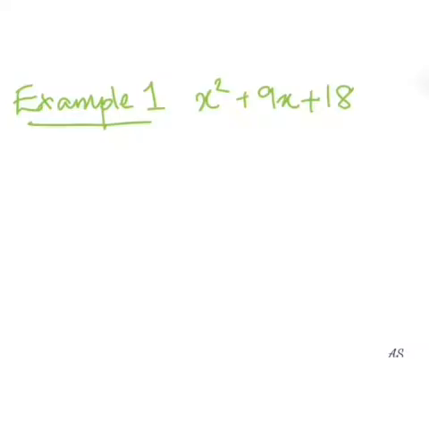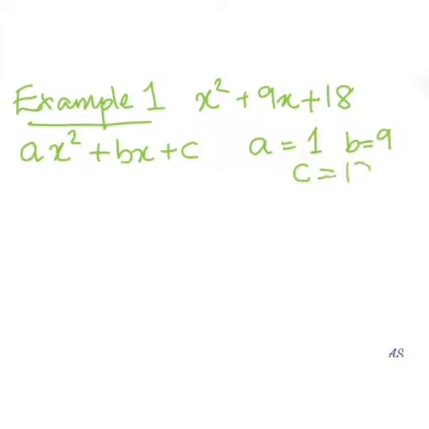Let us take one example, x square plus 9x plus 18. If we compare with the general form ax square plus bx plus c, what are the values we get of a, b and c? A becomes 1, b equals 9 and c equals 18.